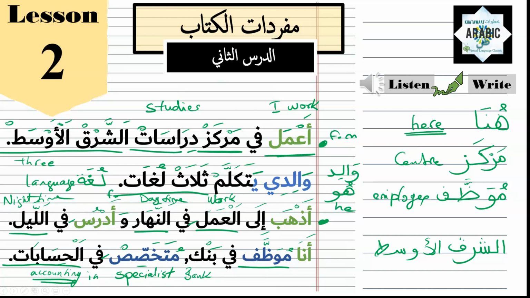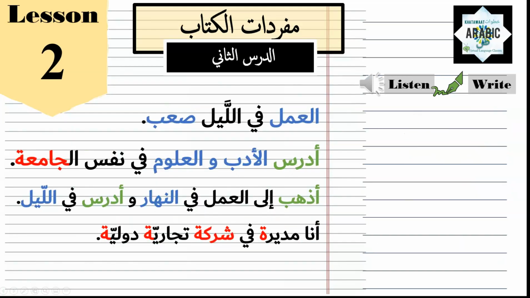Let's look at the other set of sentences with our vocabulary from lesson 2, مفردات الكتاب. الجمل التالية هي العمل. العمل, work. العمل في الليل, working at night.